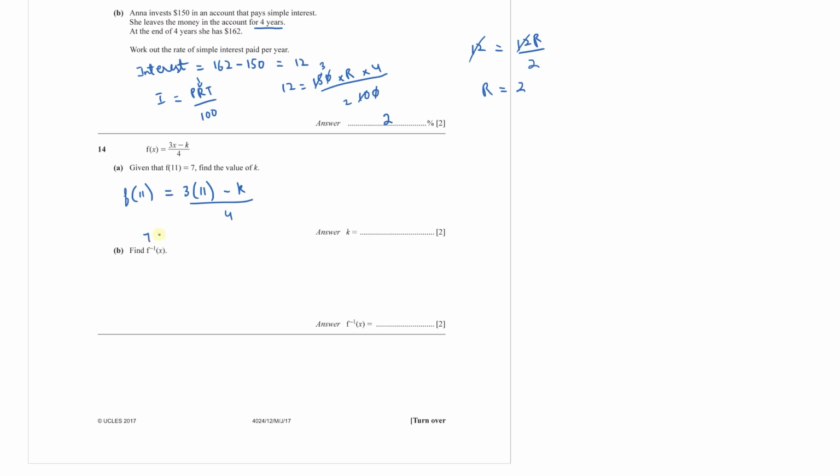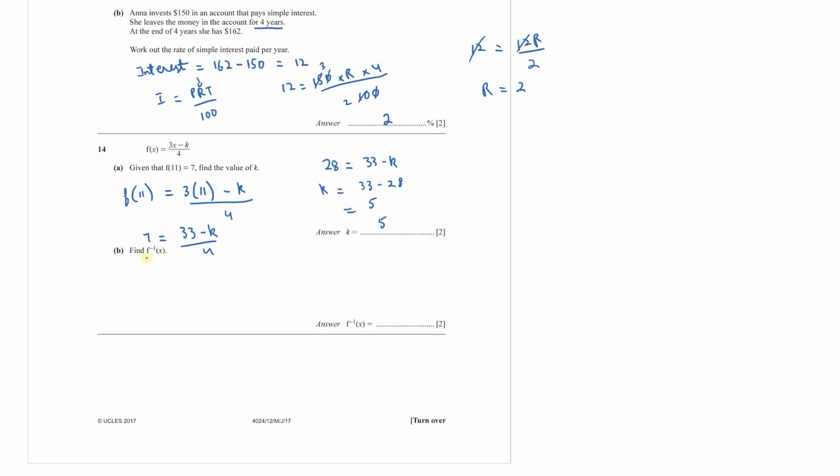So this is equals to 7 equals to 33 minus k over 4. I'll take 4 to the other side, so you get 28 equals to 33 minus k. I bring k on this side and 28 on this side, so k equals to 33 minus 28, which is equals to 5. So 5.